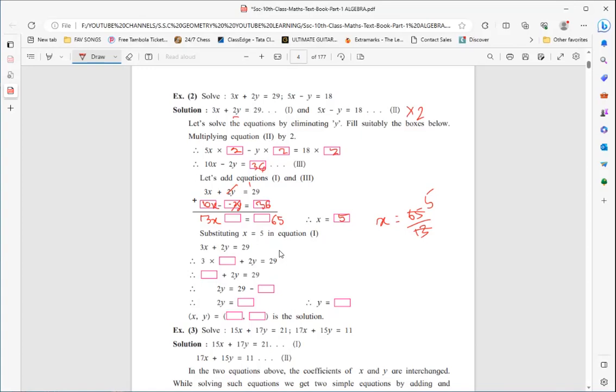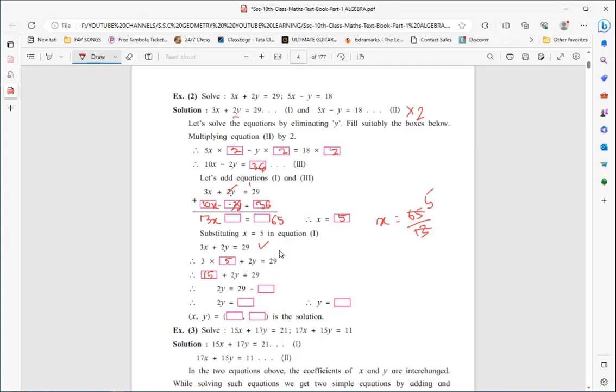Then substituting x equal to 5 in equation 1. What is equation 1? 3x plus 2y equal to 29. So 3 into x, where x is 5, so you put 5 here: 3 times 5 is 15 plus 2y equal to 29.